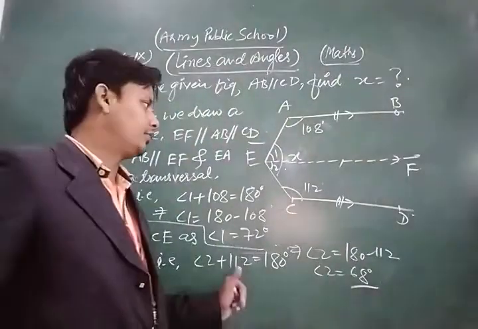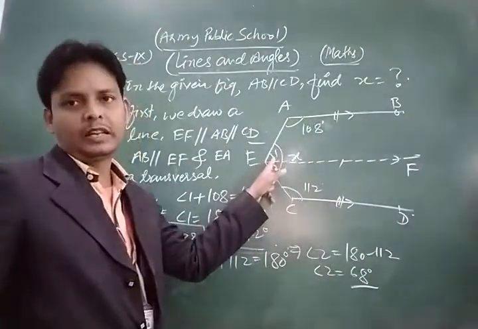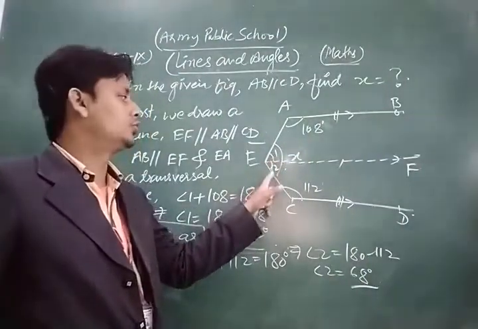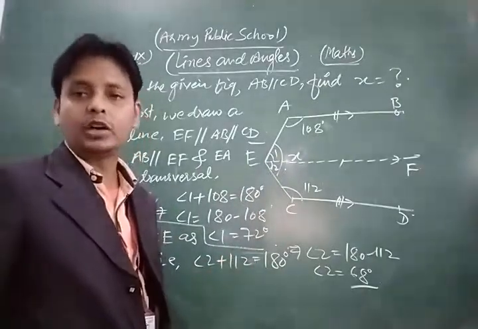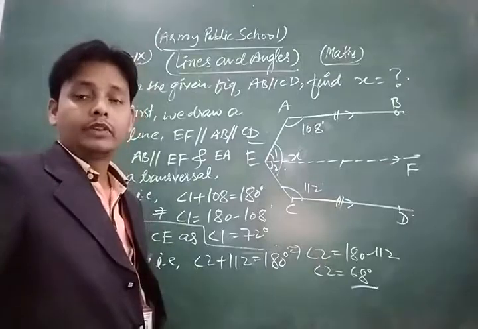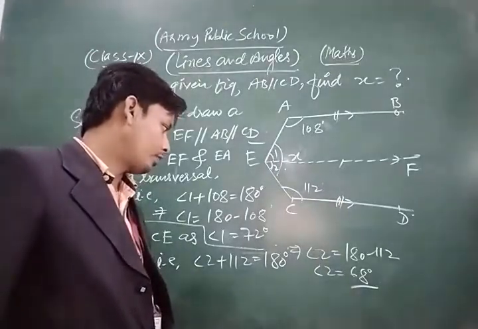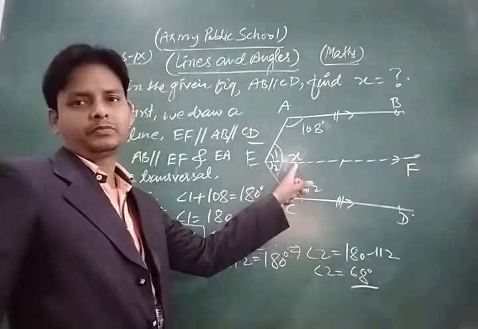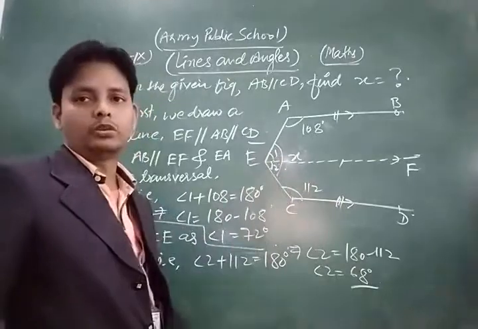Now dear students, in this way, with the help of this figure, we find the value of angle 1 and the value of angle 2. Angle 1 is 72 and angle 2 is 68. Now we find the value of x. So from the figure, the value of x is angle 1 plus angle 2.